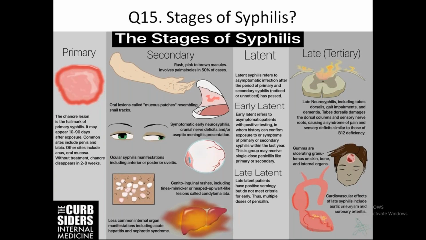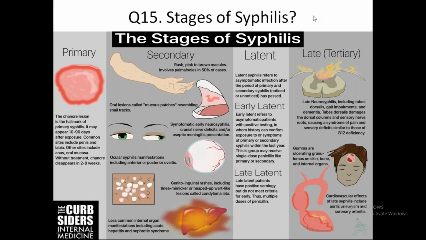What are the stages of syphilis? We have read this, right? The stages are primary, secondary, latent, and tertiary. In primary syphilis, the chancre is present, and it is usually painless and hard. In secondary syphilis, a rash is formed, which is pink to brown macules.